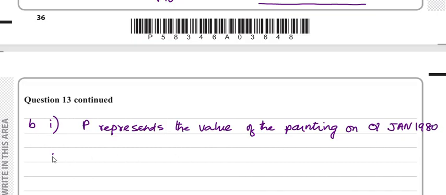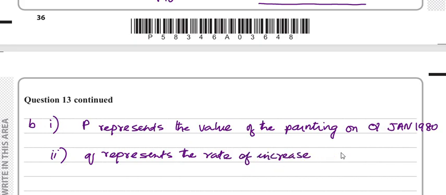And Q represents the rate of increase in the value every year. It's like a compounding, increasing the value each year.